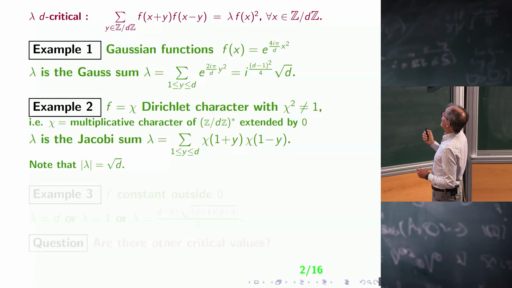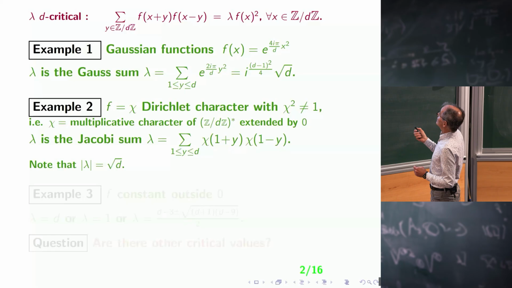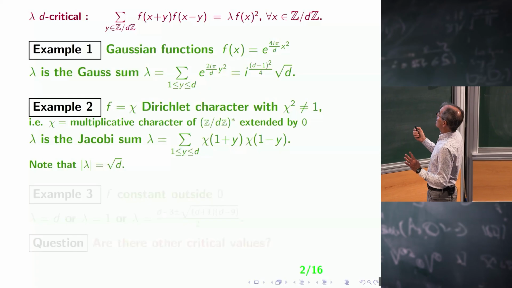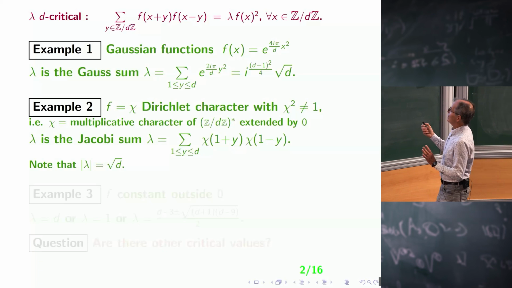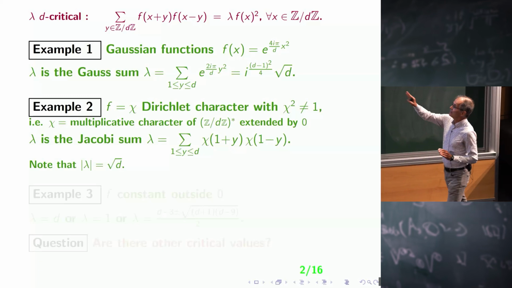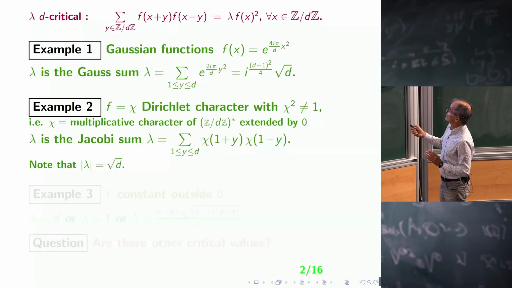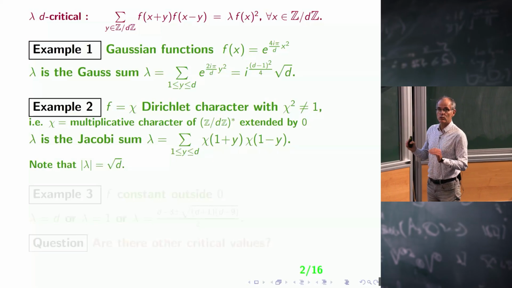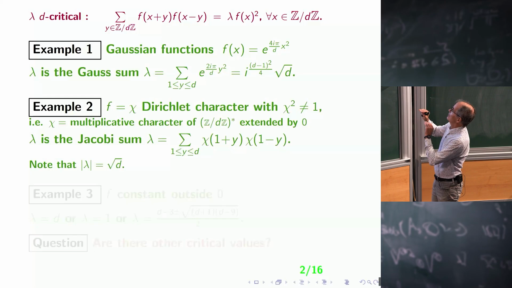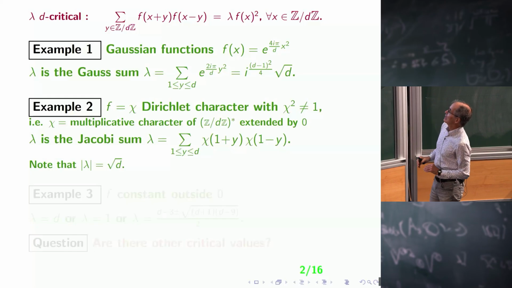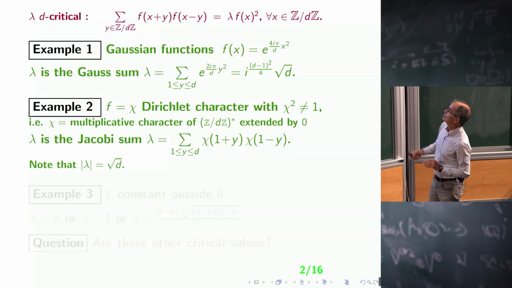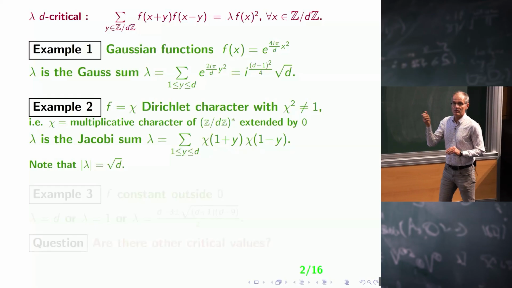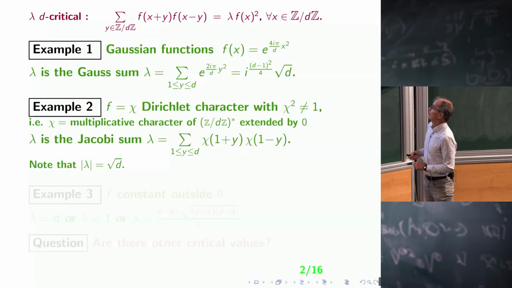I see what you are referring to here. With this, it works: just take a multiplicative character of the multiplicative group, assume that chi square is not 1 on this multiplicative group, and extend it by 0, and then you have a solution of this equation with this lambda. You just check.